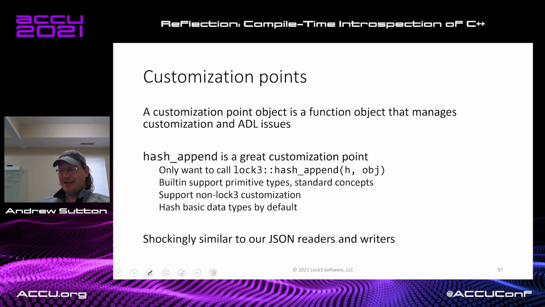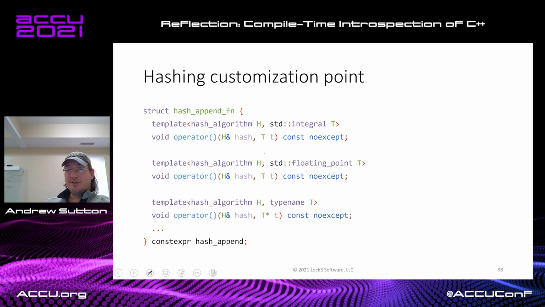Now I can elide a lot of this talk because it turns out the design for this particular customization point object looks a lot like our JSON reader and writer. It's going to have some of the same properties and solve some of the same problems. So this is what the initial version of our customization point object looks like. It's just a class.